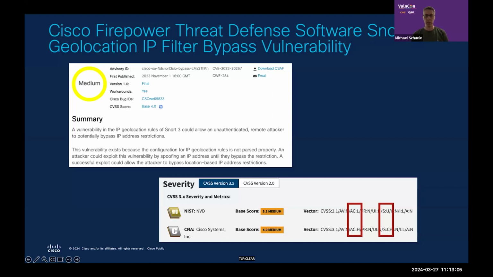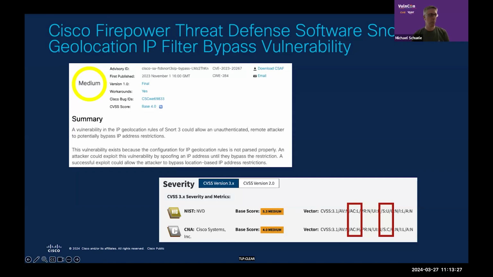Limited product knowledge was also something that came out of the discussion with NVD. NVD analysts are not product experts, so they would not necessarily have been aware that this was a firewall device. And then also different interpretations of the CVSS standard.